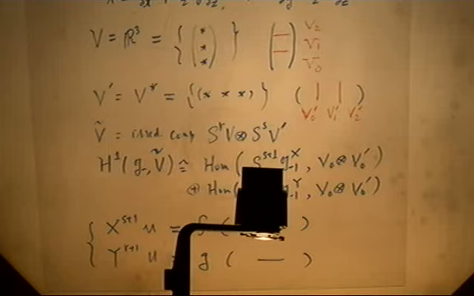Then I take the symmetric tensor of V and the symmetric tensor of V prime, and I take the irreducible component of this, determined by the highest weight of the standard representation of V and the dual representation. So the first cohomology group of our G minus on this V is like this.